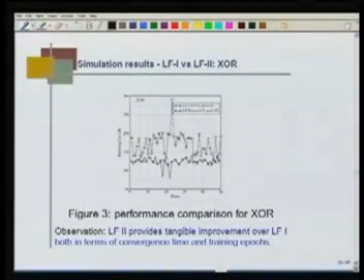So, simulation results now we will talk about. So, this is your LF1 versus LF2 XOR function. So, let me first summarize. We proposed 2 theorems for weight update in a feed forward network. It can be a multi-layered network, it can be a radial basis function network, and we said that this weight update algorithm will ensure y tilde converges to 0, that is global convergence, provided 2 conditions, a condition for each theorem that has to be satisfied.